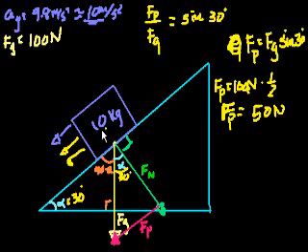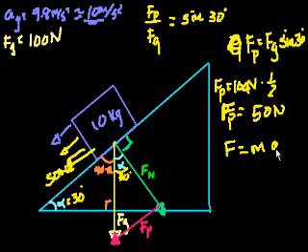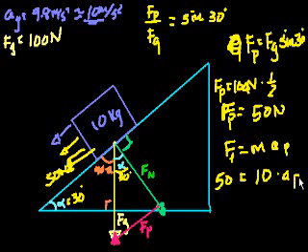So if there's a force pulling at 50 newtons on this block in this direction, how fast will it be accelerating in that direction? Well, F equals ma. So we could say force in the parallel direction is equal to mass times acceleration in the parallel direction. So 50 newtons is equal to 10 kilograms times the acceleration in the parallel direction.